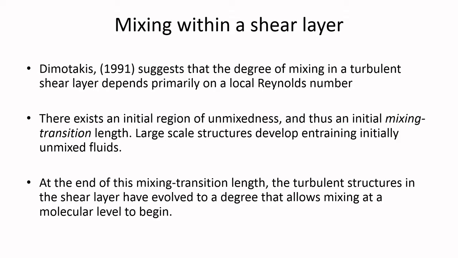Just after the shear layer develops and these large scale roll ups are happening, it does not mean that mixing starts immediately. This region of unmixedness is called the mixing transition length. So there is no mixing, or very limited mixing, in this mixing transition length.